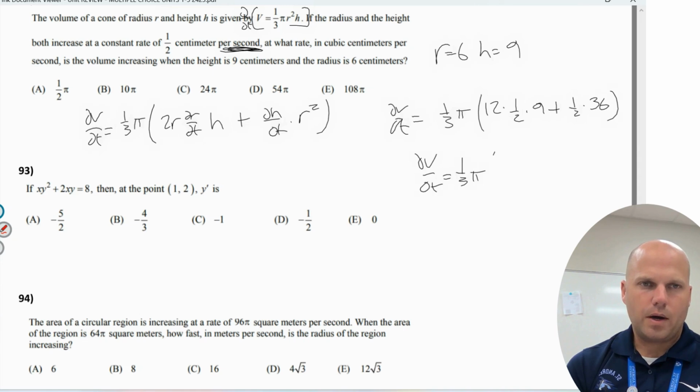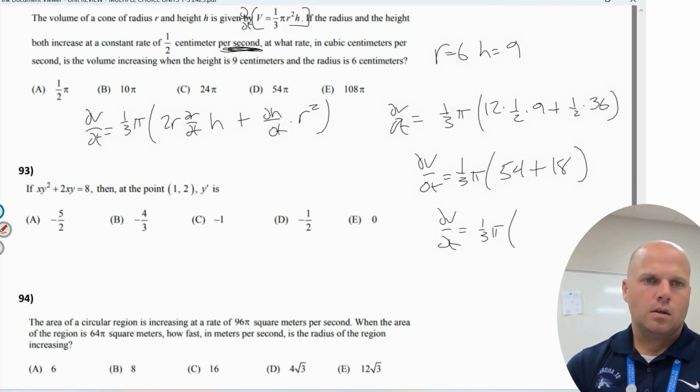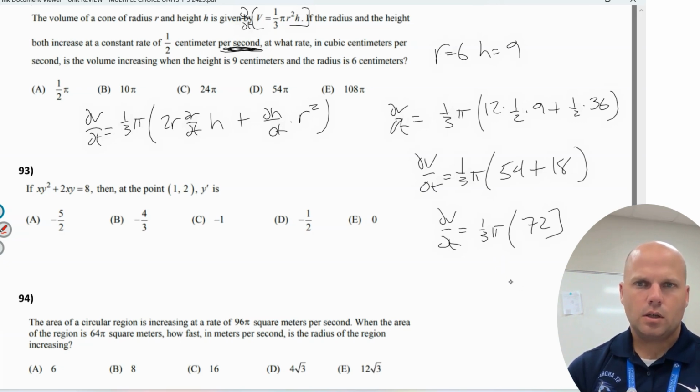Got 1/3 pi. 6 times 9 is 54. Half of 36 is 18. 54 plus 18 is 72. 72 divided by 3. 24.